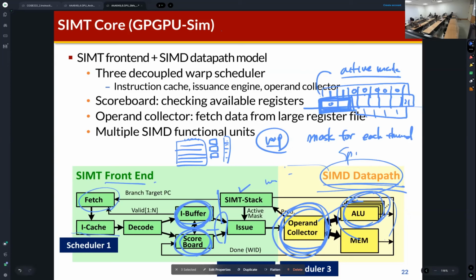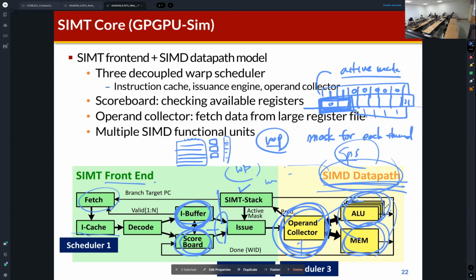It's called the ALU in GPU terms, but these are SPs. Also, there is the load store unit. It's a single data path. And then there is also the write back logic. If the execution is done, the result is written back to the register file, which is performed by the operand collector. The operand collector is the gateway to the register file.